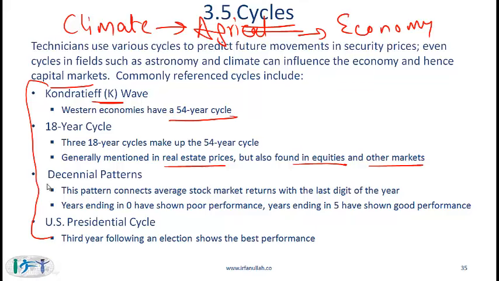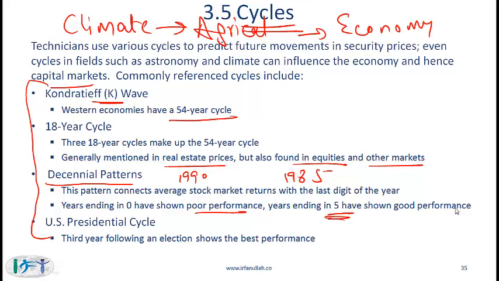You have something called a decennial pattern. This pattern connects average stock market returns with the last digit of the year, and it has been seen generally that years ending in 0, for example 1990, have shown a poor performance relative to, say, years ending in 5, such as 1985 or 1975.